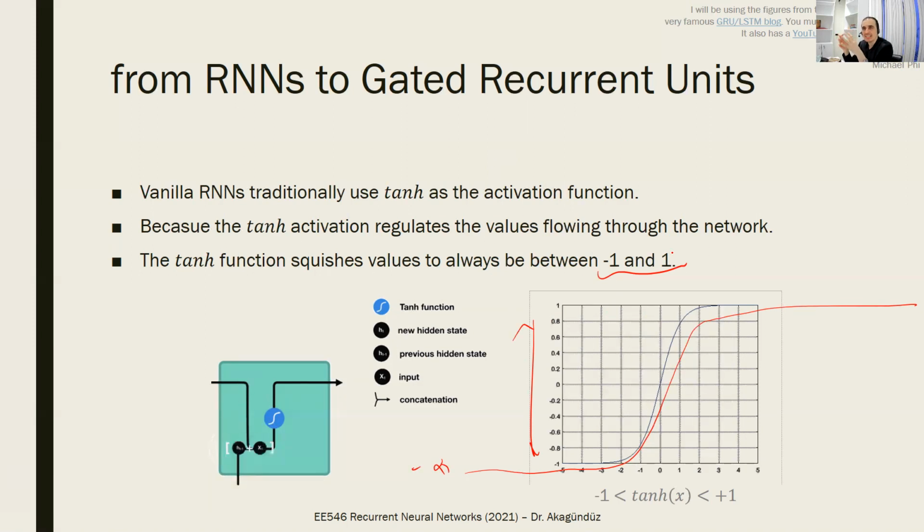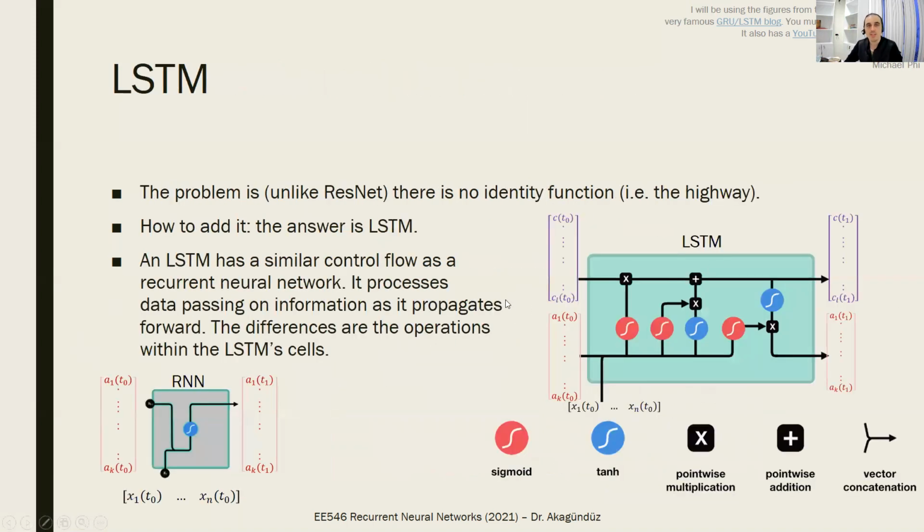The actual mathematical values of the hidden states were bounded within a region. It was like telling the short-term memory, okay, keep your values around this region so that it will make sense, because it doesn't make sense if you just use values from minus infinity to plus infinity. It's difficult to regularize them. So it was like a regularizer for the hidden state values, this tanh function, and that was why it was traditionally chosen.